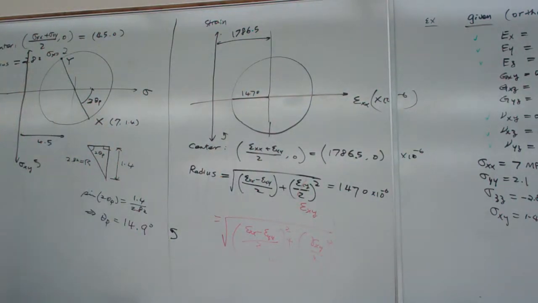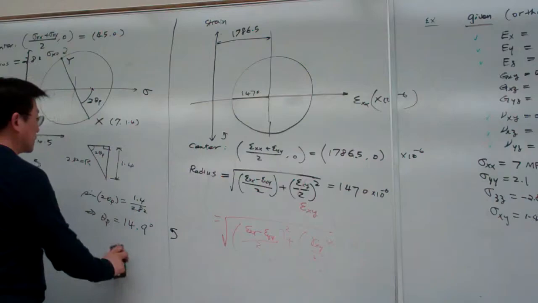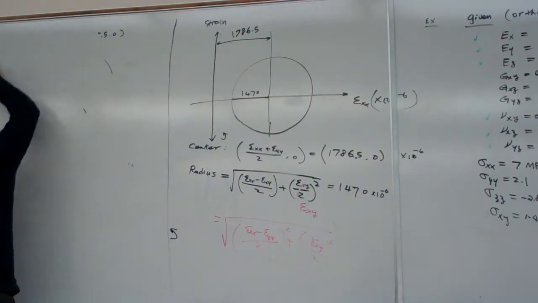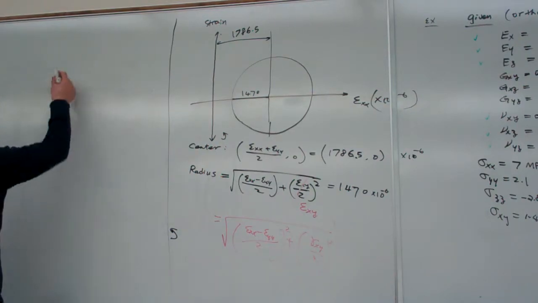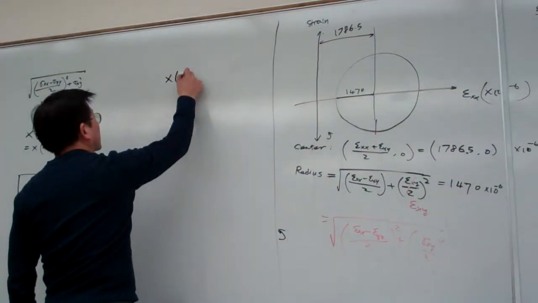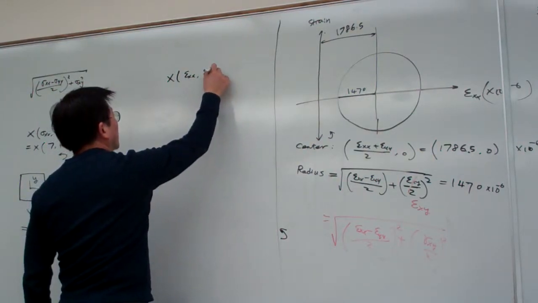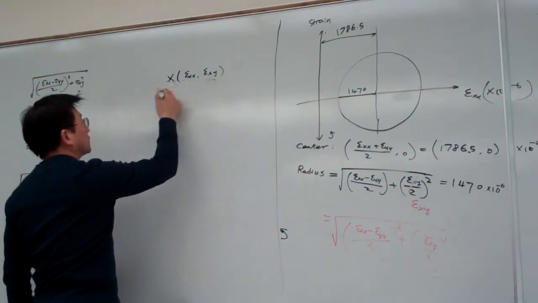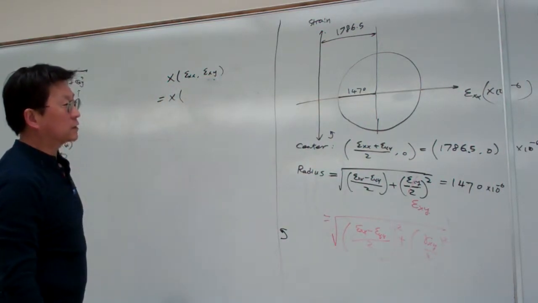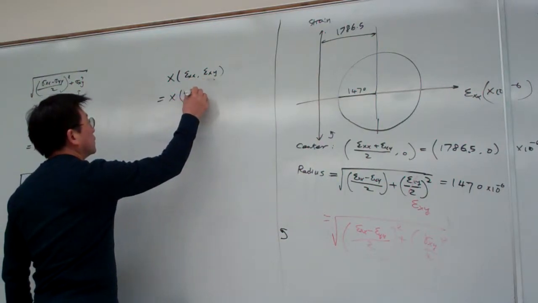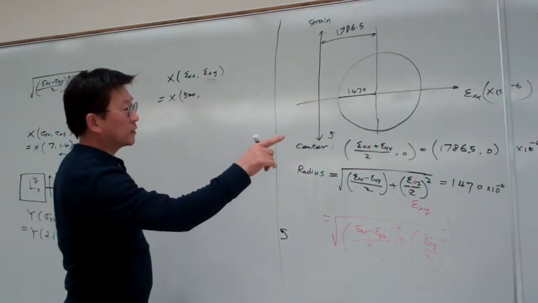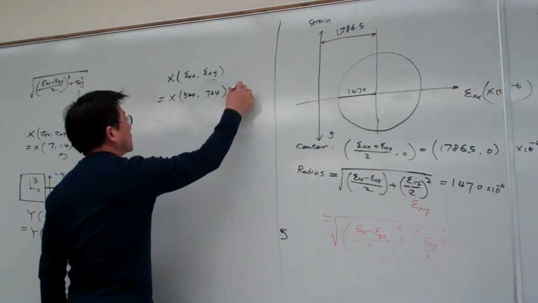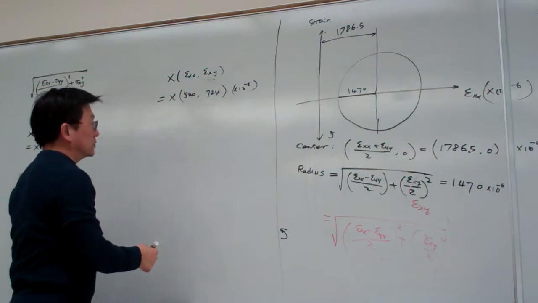Okay, so we have the same thing. Then we can proceed with the calculation for xy. Label x with epsilon xx and epsilon xy here. And again, here we use these notations. For this one, epsilon xx equals 520, and epsilon xy equals about 724, times 10 to the minus 6, the microstrain unit.